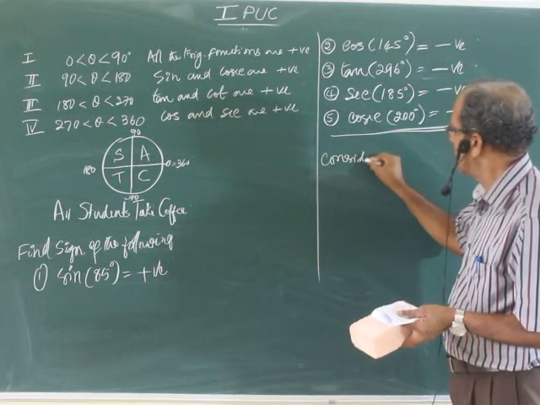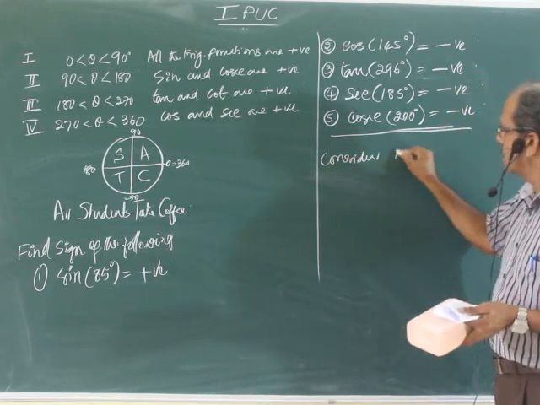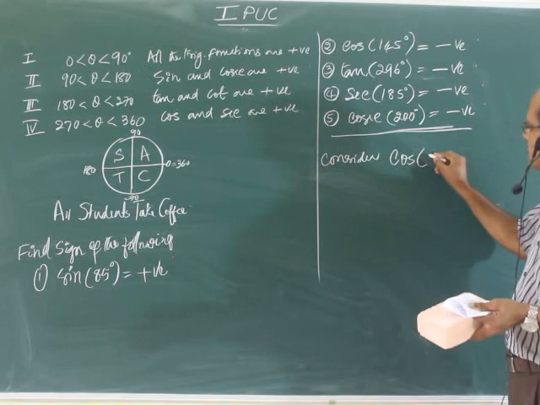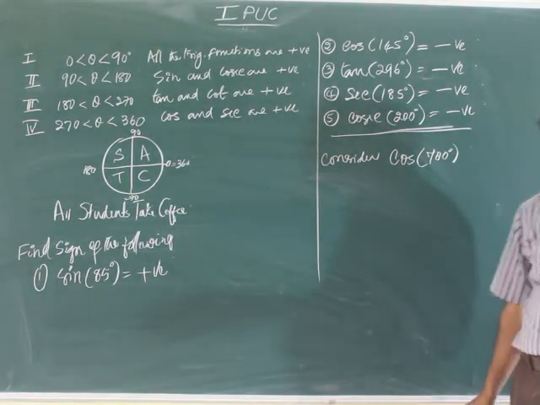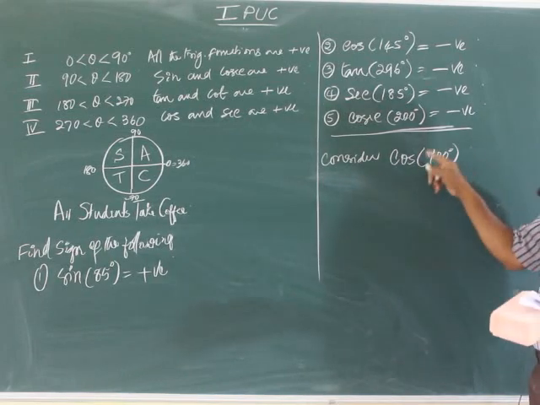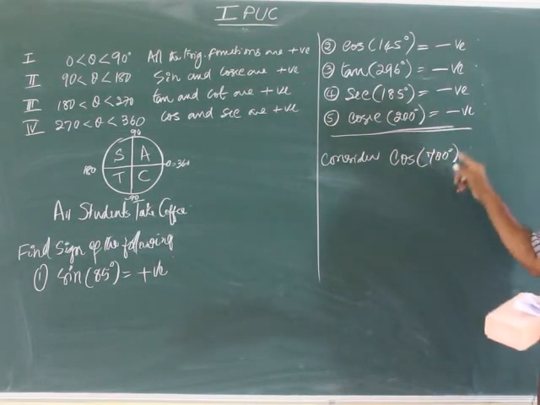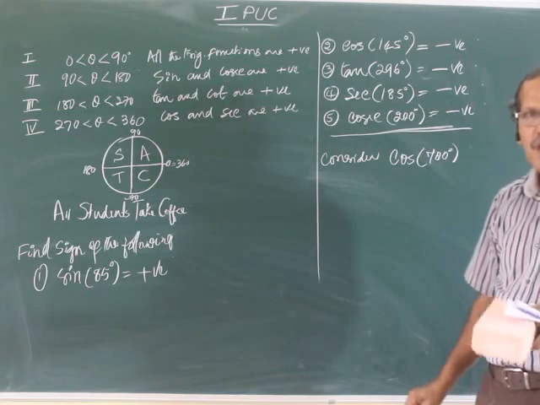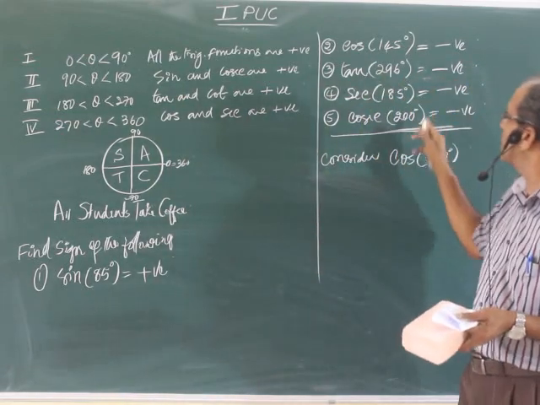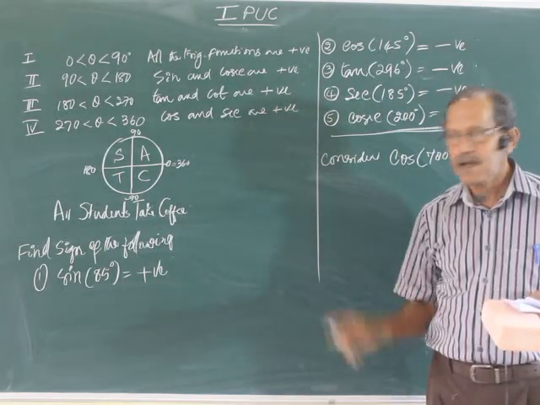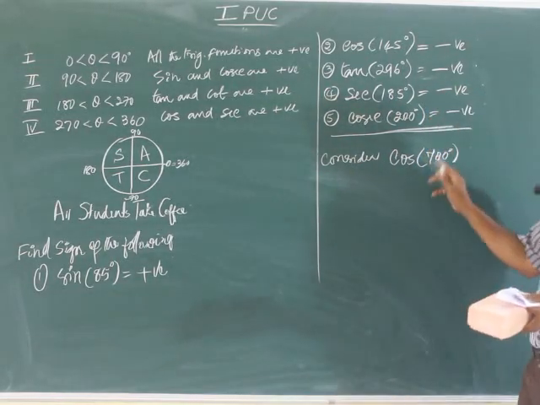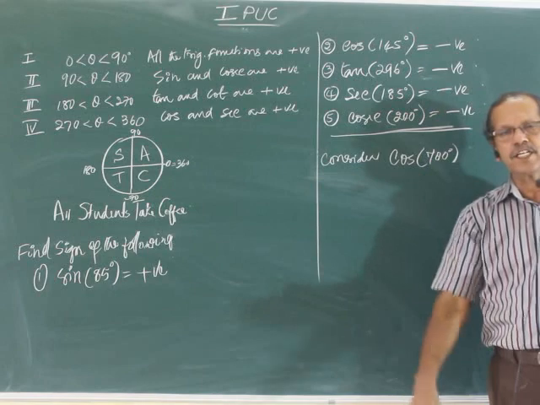Consider cos of some angle, say 700 degree. How to decide this? You have to decide whether it is plus or minus. So far we don't have any problem of that kind, only angles from 0 to 360 I have given.